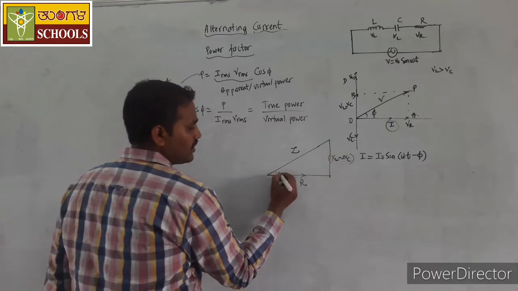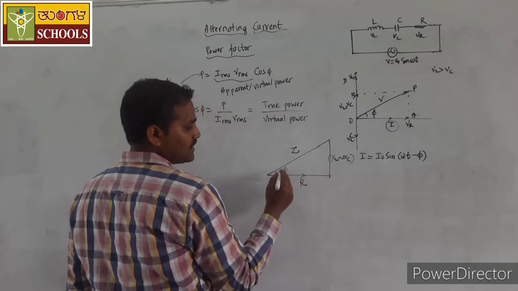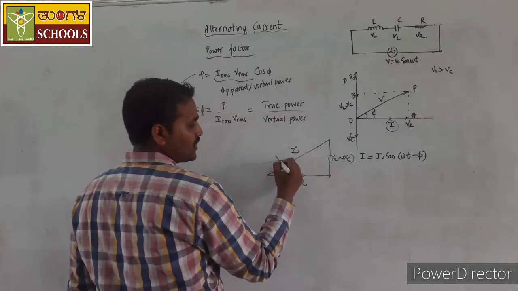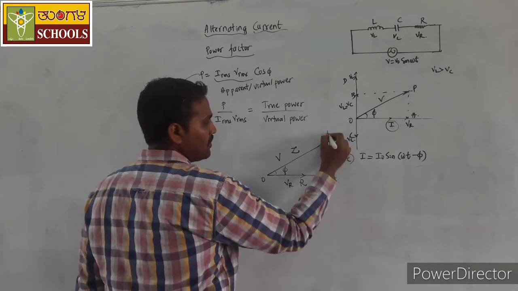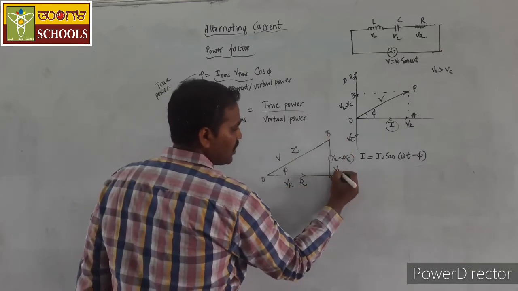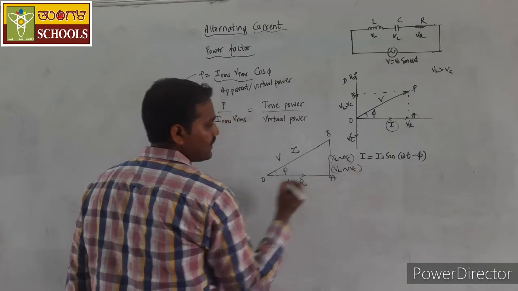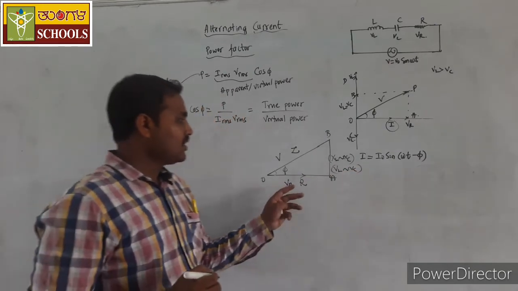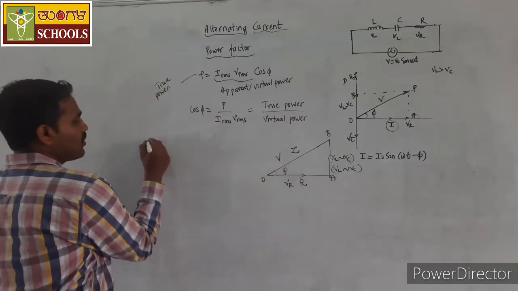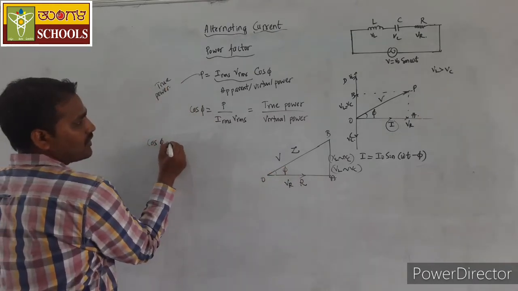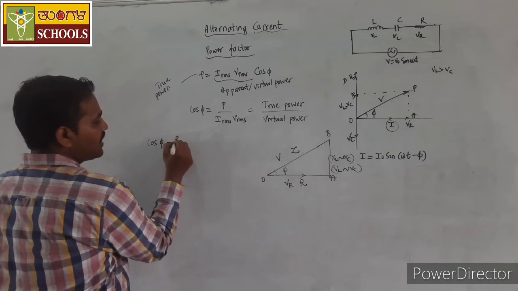Here the phase angle is phi. The same triangle can also be written with VR, and let me write O, A, B, with VL minus VC. From this impedance triangle also we can write cos phi is equal to R divided by Z.